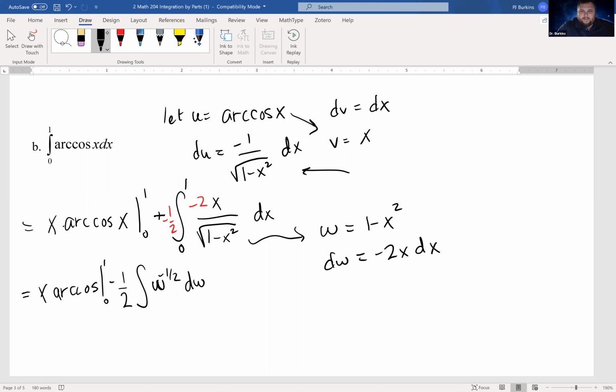And while we're at it, let's go ahead and change the bounds as well for that one. So when x is 0, w will be 1, right? Because it'll be 1 minus 0 squared. And when x is 1, w will be 0.